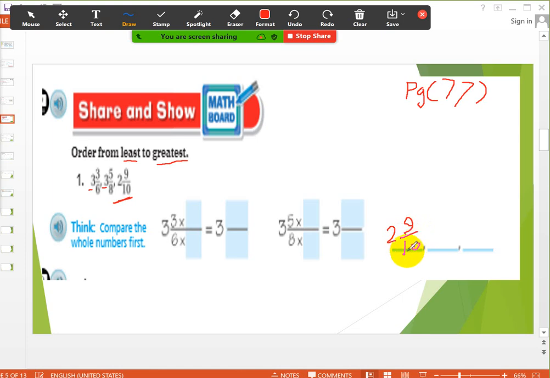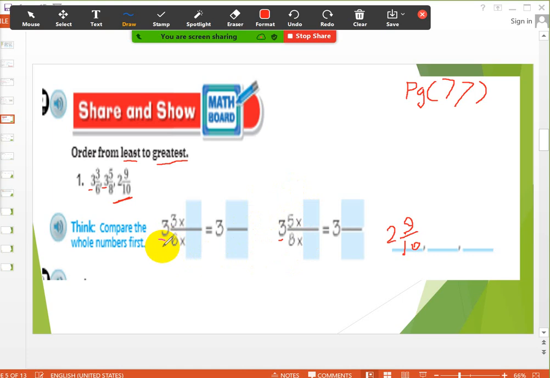Okay? Now, what about those numbers? 3 and 3 over 6, 3 and 5 over 8. It's okay, dear. So, to compare between those numbers, this is 3 and 3 over 6, and this is 3 and 5 over 8. The whole part is the same.